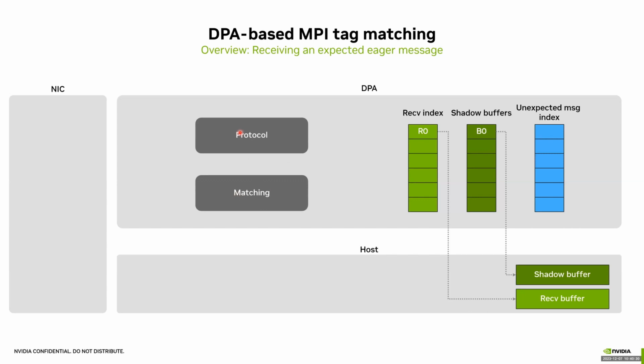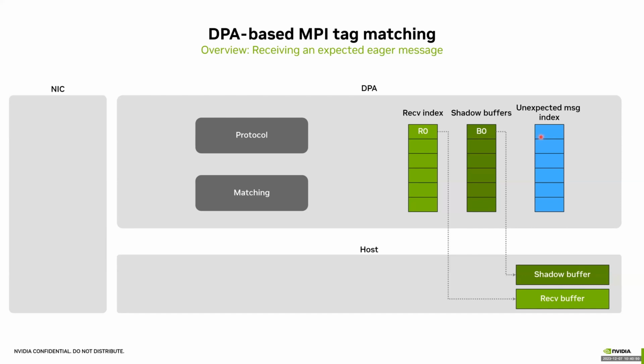So we also keep data structures here to index the receives, to have a list of shadow buffers where to copy messages if a matching receive has not been found.